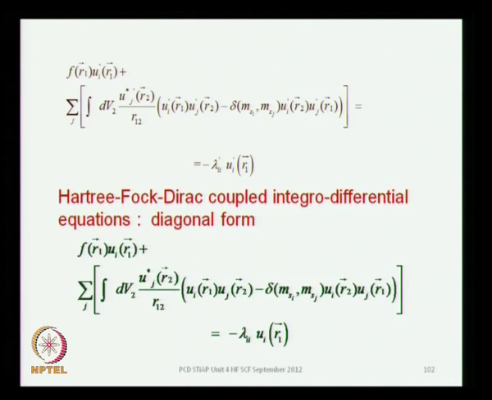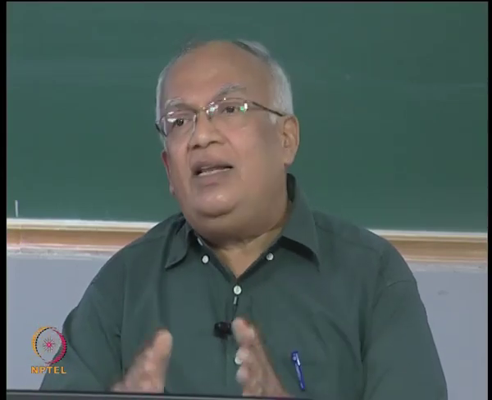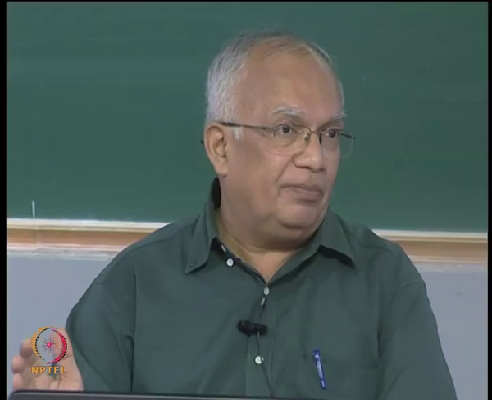Sometimes these are also called Hartree-Fock-Dirac, because if the one-electron orbitals are not just the spin orbitals, the two-component spin orbitals, but if these are the four-component Dirac orbitals, you can do this entire analysis in exactly the same way and extend this whole formalism from the non-relativistic Hartree-Fock to the relativistic Hartree-Fock, which will make it the Hartree-Fock-Dirac formalism.